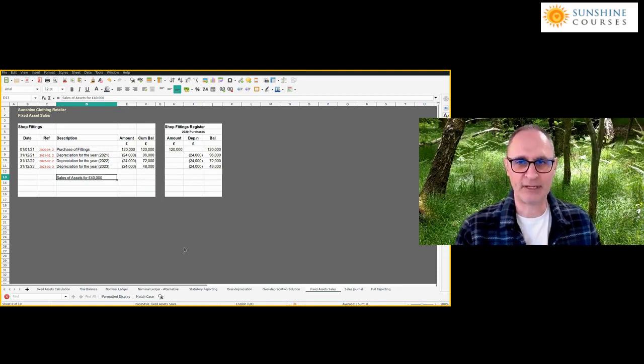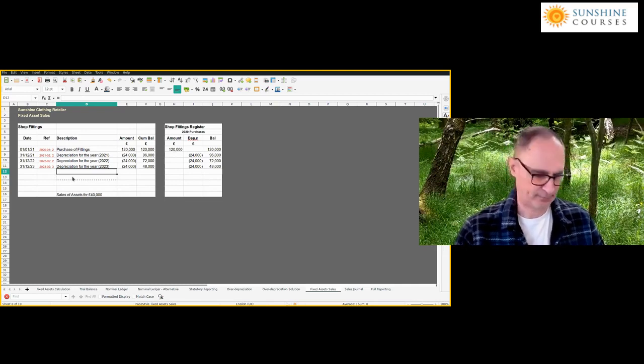And the answer is, we split the transaction into two. The first part of it is, we're going to remove the cost and the accumulated depreciation from our accounts. So we're going to put in an entry, 31 December, sale of assets.